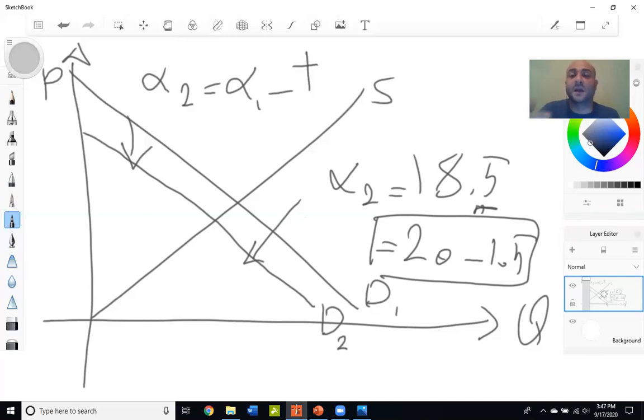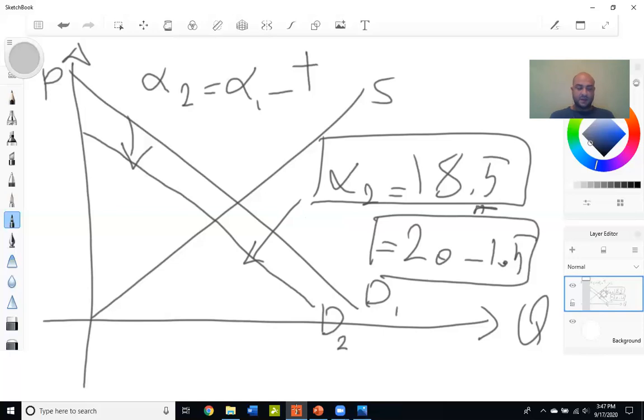Now, people have to pay a fixed tax for one pizza they're buying. So now you have a new intercept while your slope is the same.